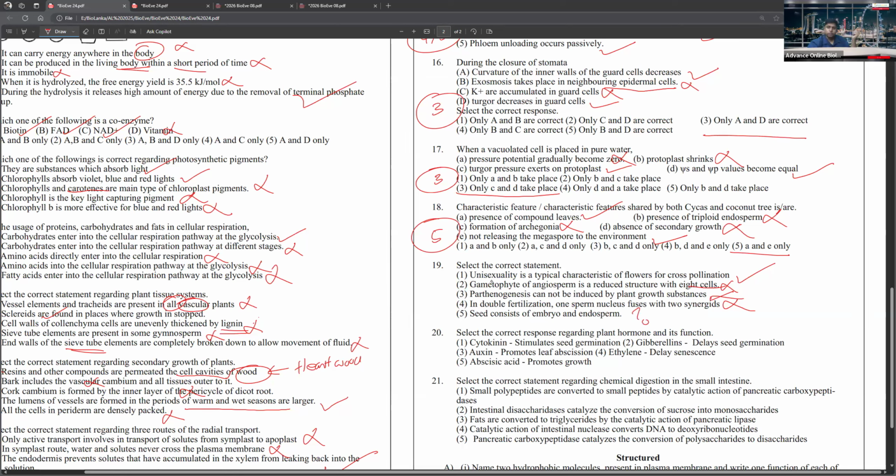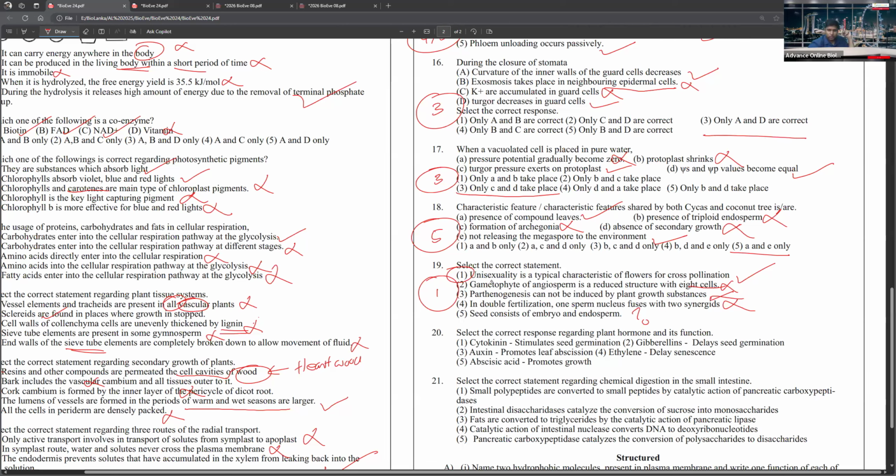So doubtful. First one, unisexuality is a typical characteristic of flowers for cross-pollination. First is better. Is it correct?